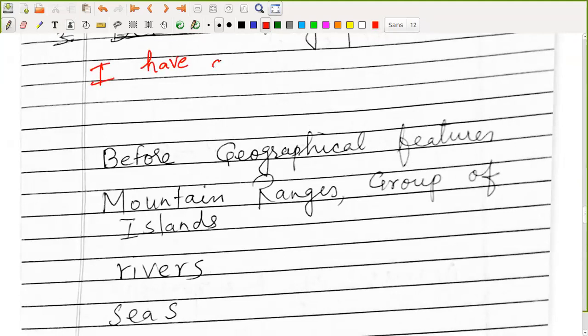So, I have a cat. You are writing, and again you are repeating cat in the same paragraph. So here you'll use the.